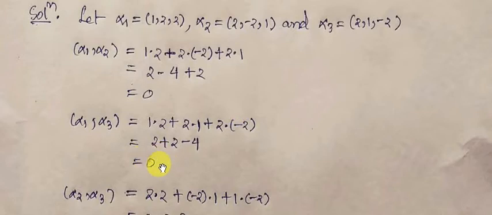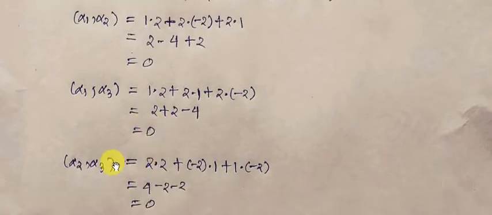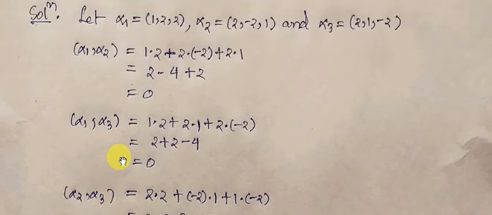Similarly, we have calculated alpha 2, alpha 3. The first component of alpha 2 is 2, and of alpha 3 is 2, so 2 into 2. The second component of alpha 2 is -2, and of alpha 3 is 1, so -2 into 1.